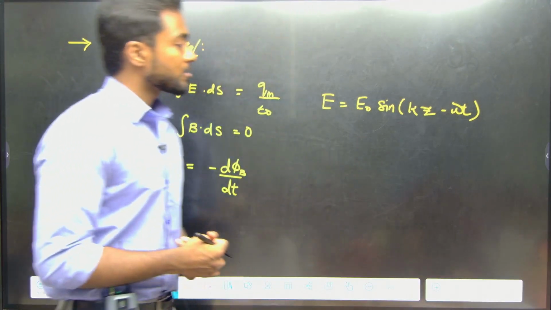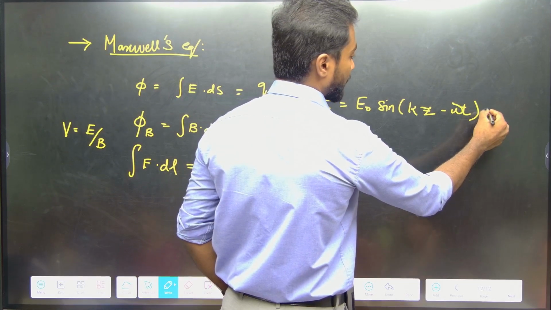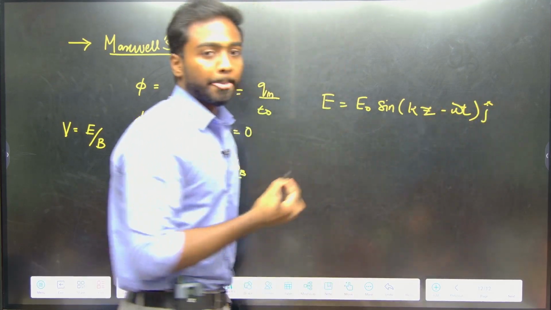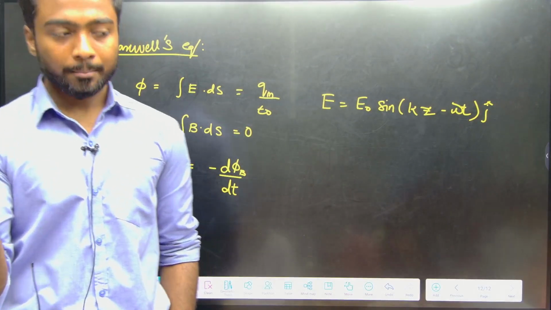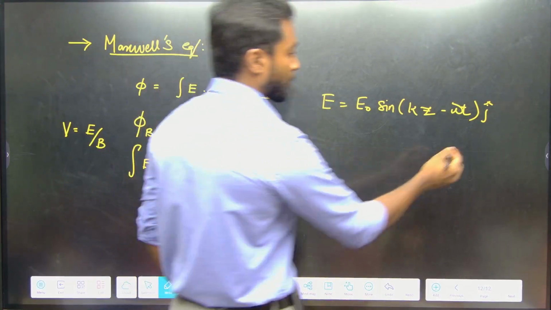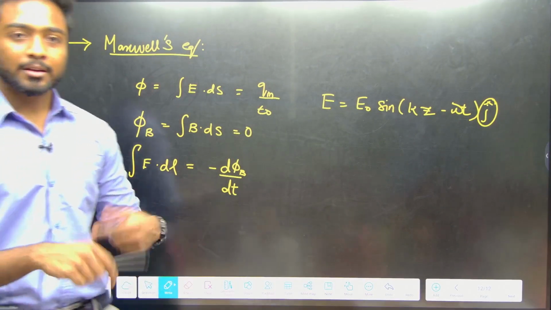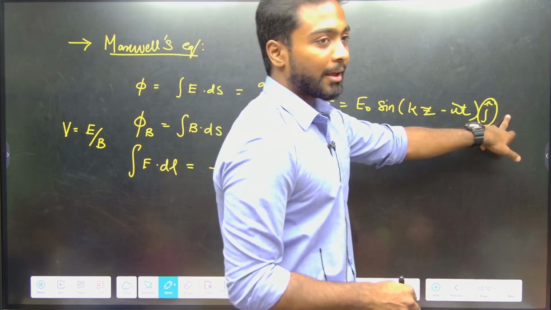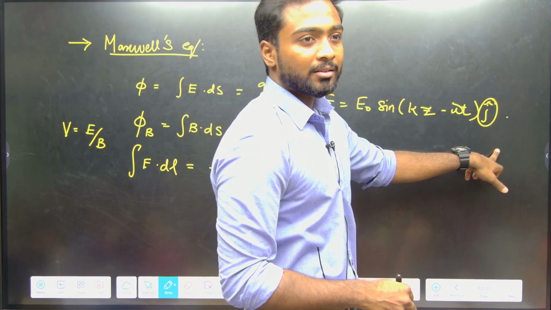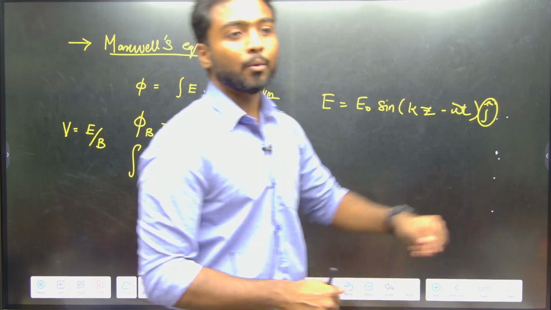So in this the equation they have given is E naught sin kz minus omega t j cap. So how you remember is, you remember electric field, wave propagation, magnetic field. Electric field starts from y axis, next is wave propagation in z axis, next one is x axis. If I start with k, it means y axis, then z axis, then x axis, then y axis.